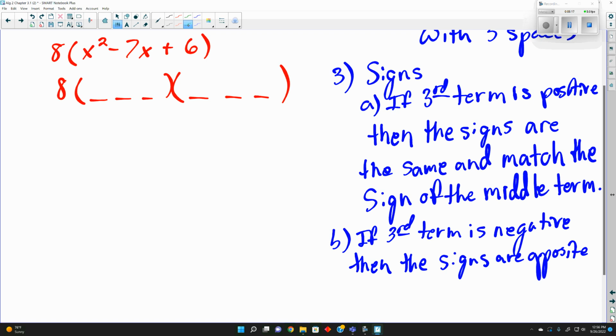Okay, so here the third term is positive, and our middle term is negative. So our signs are negative and negative.